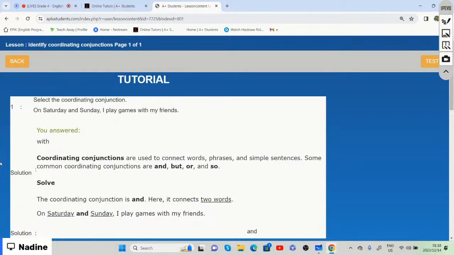On Saturday and Sunday, I play games with my friends.